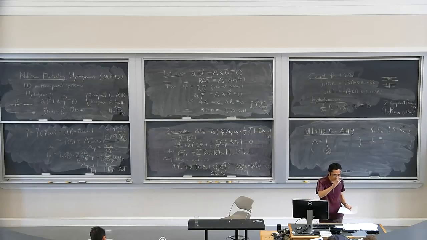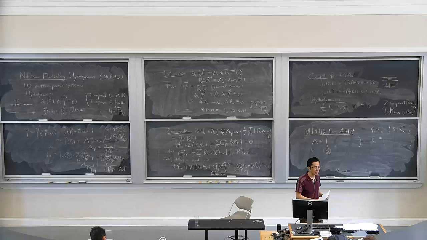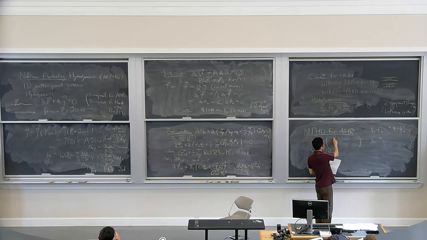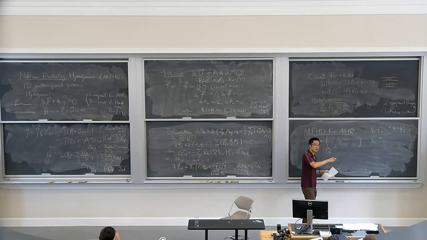Because this comes with a star mark, you don't really have to calculate, but it's not so difficult, so you can just try. Once you are given this, in general it depends on rho plus and rho minus, but we can specify to our specific case of rho 1 initial condition.